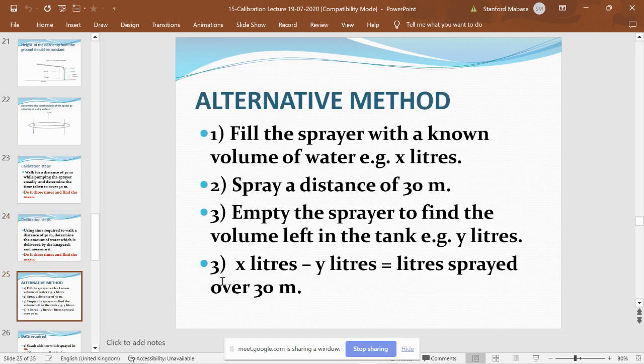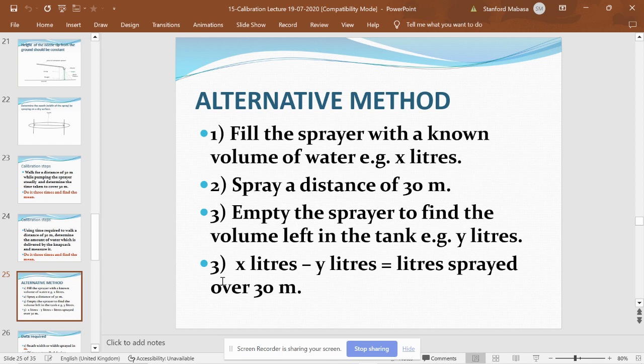The alternative method could be that you just fill the sprayer with a known volume of water, e.g. X liters. Then you spray a distance of 30 meters, walking with a speed of 1 meter per second. Then the remaining water after spraying, you empty the sprayer and then measure it.